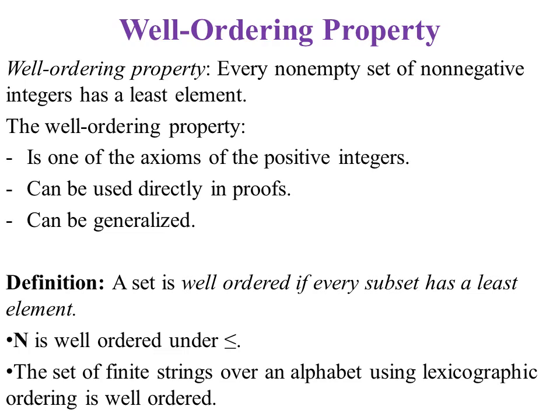The examples: N is well ordered under less than or equal. From N, if you form any subset satisfying the condition less than or equal, it will be well ordered because certainly it will have a least element. Similarly, the set of finite strings over an alphabet using lexicographic ordering is well ordered.